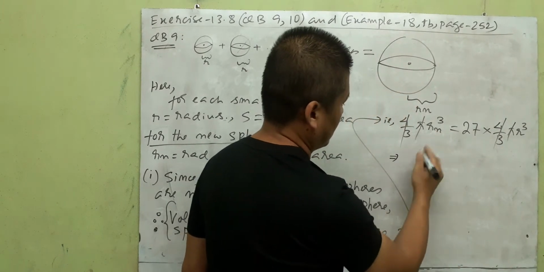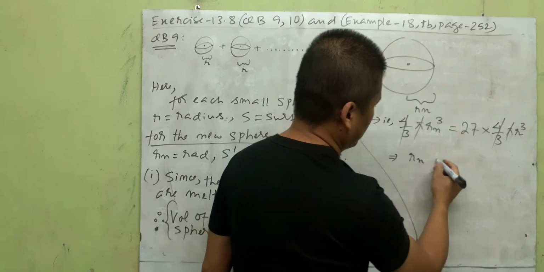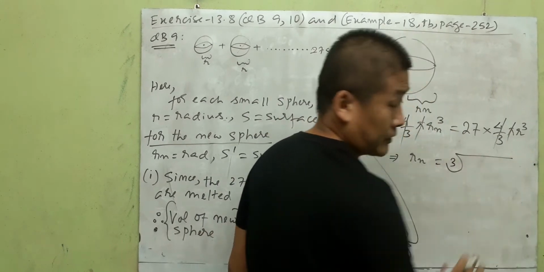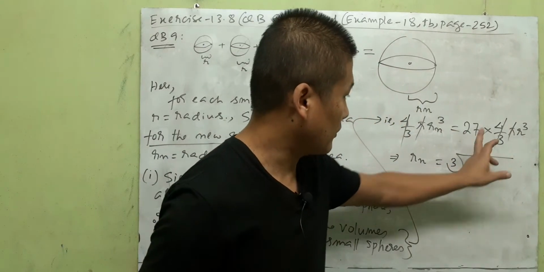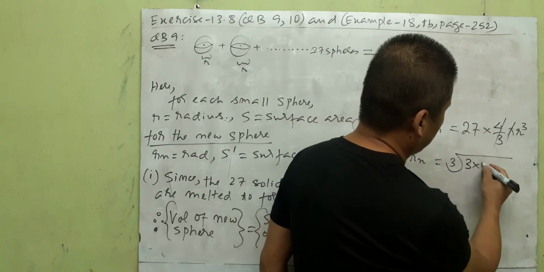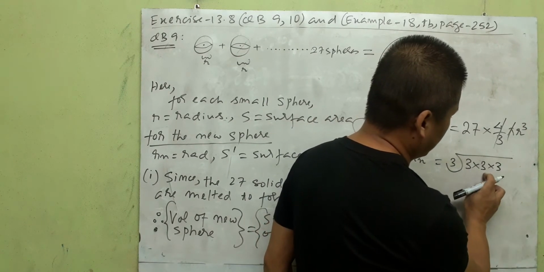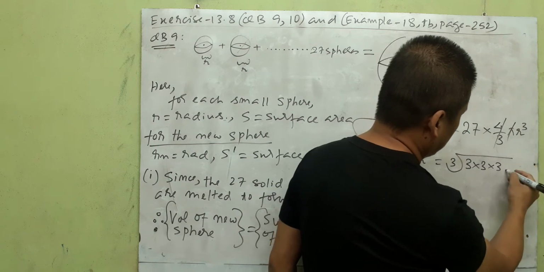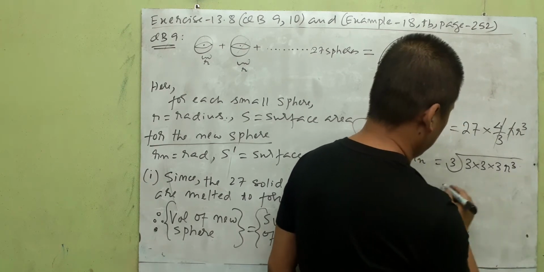So we have here Rn cube. If you remove the cube, this side will come out as cube root. We know this by now, right? Here 27 we can write as 3 3s are 9, 9 3s are 27. And here R cube.